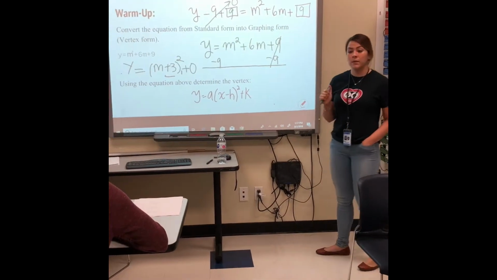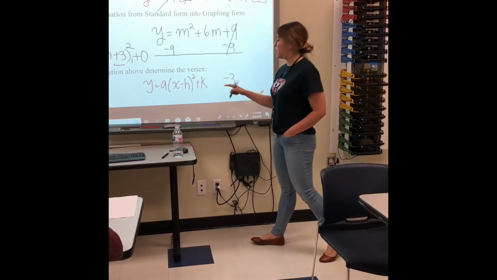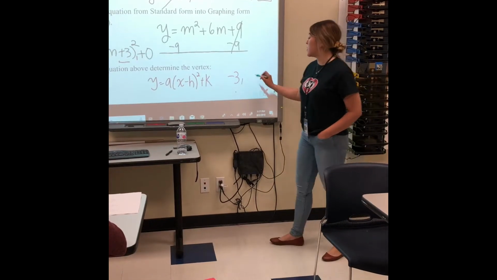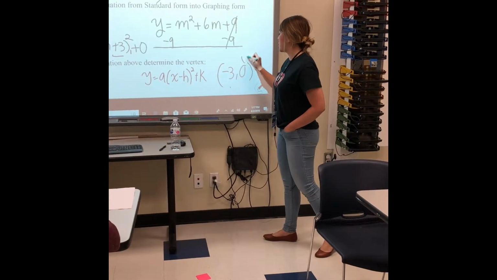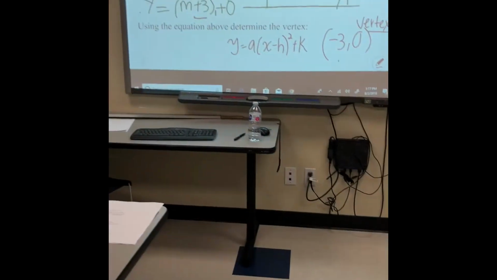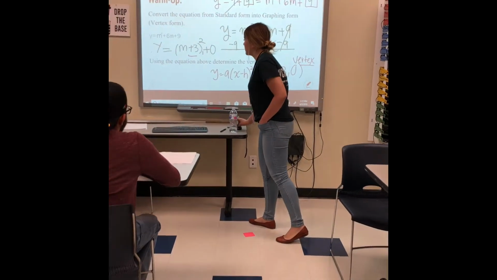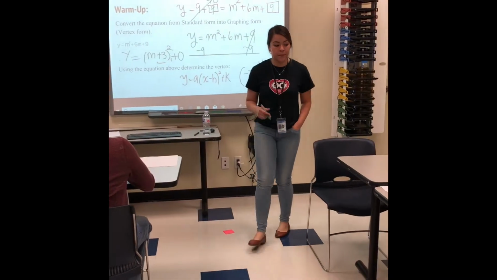Positive 3. But you always want to take the opposite of it, so negative 3. And what's my k for that one? 0. So this here is your vertex. Any questions on that? We got it. Okay. Is that it for the warm up? That's it.